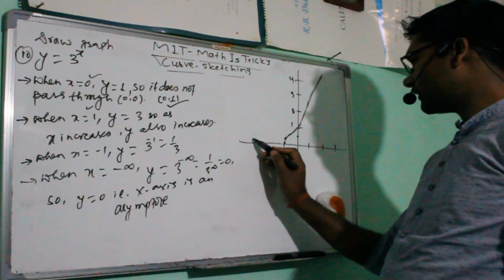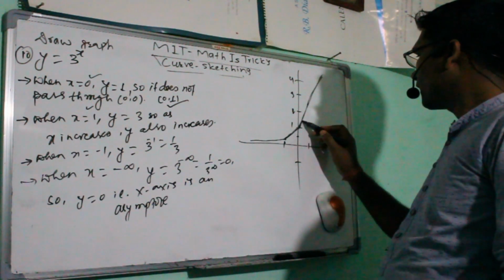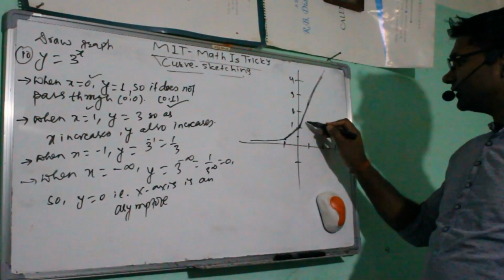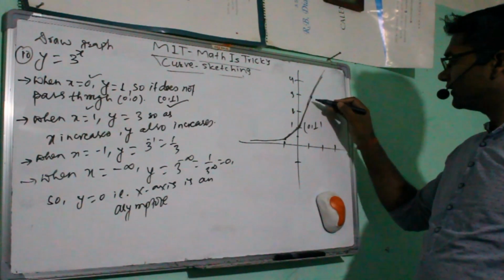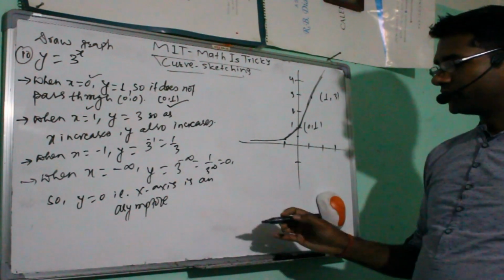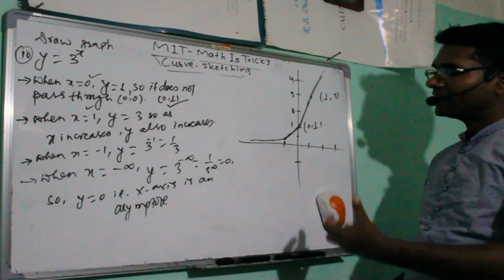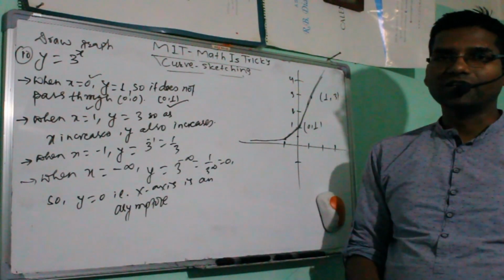It will be nearly 0 here. Now the curve is moving like this. It is here 0, 1. Here this is 1, 3, and then so on. So on the basis of these characteristics, we can draw a graph like this for y equals 3 power x.